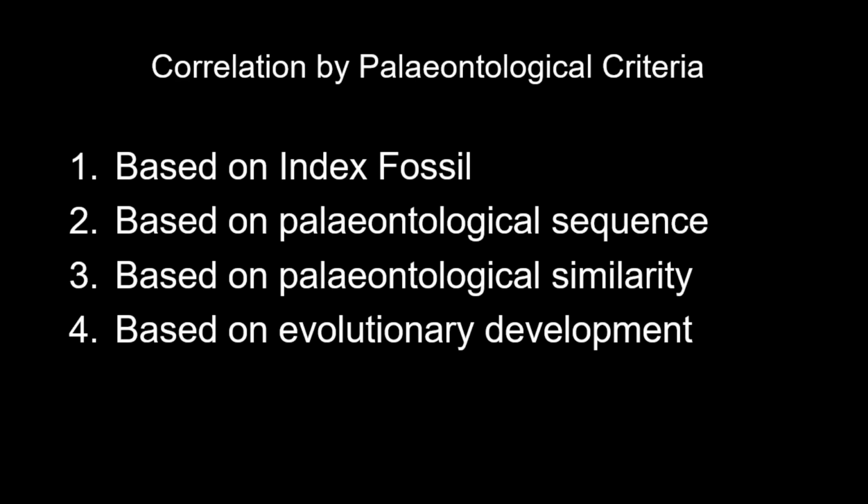For example, coal beds, bentonitic clays and ash beds provide excellent and reliable correlation, and with respect to these marker beds we can correlate the beds above and below that particular bed.